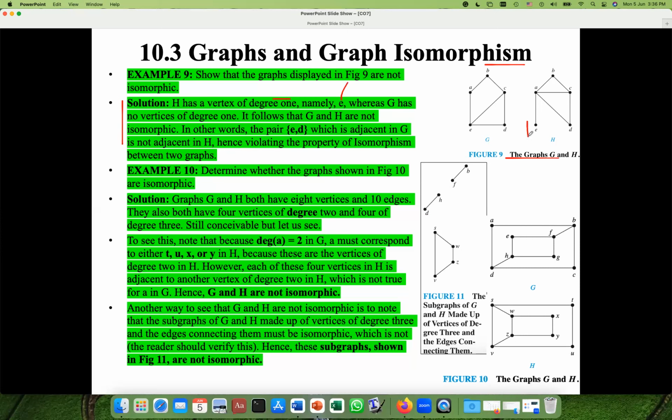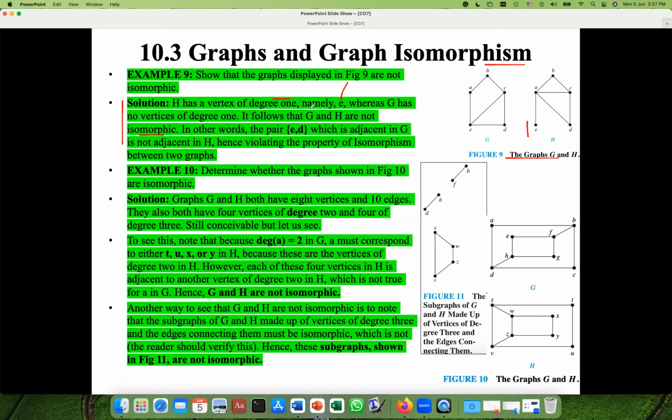You can count the degree and then identify whether there is anything which is different. Maybe we have the vertices with degree 2, we have the vertices with 2, okay. We have vertices with 3, and this one with 3. But this one vertex has degree 1, but we don't have any degree 1 here.